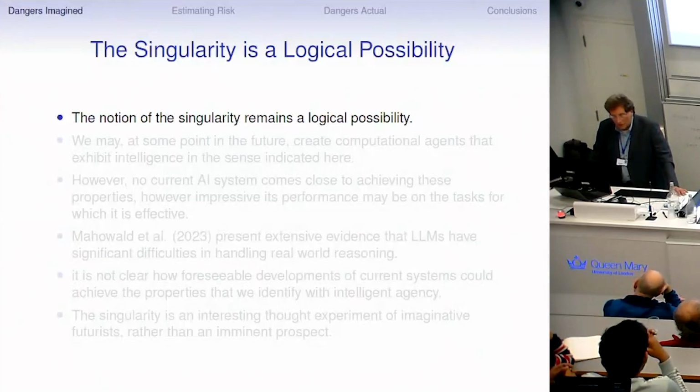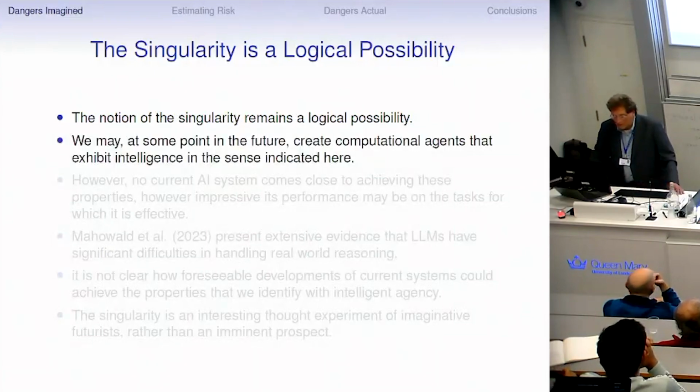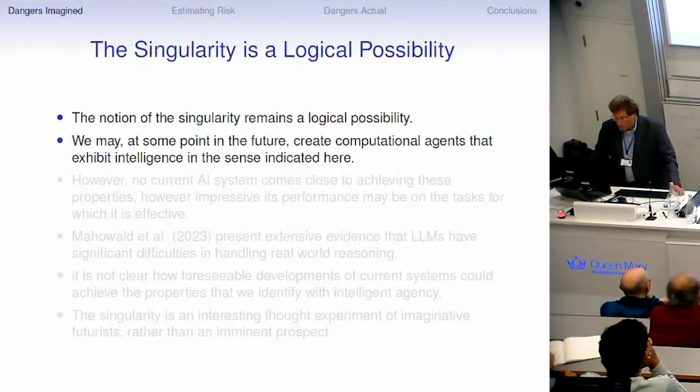That is, it's conceptually coherent to imagine computational devices coming alive in the terms of Winch and Good, and achieving that kind of intelligence that I've tried to characterize in terms of my three markers. So it's not impossible. It may at some point in the future happen that we create in computational elements agents that exhibit intelligence in the sense that I've indicated here.